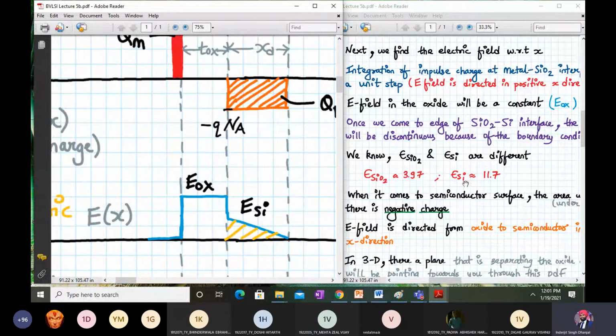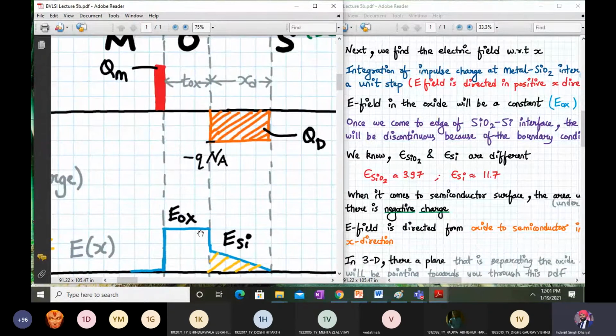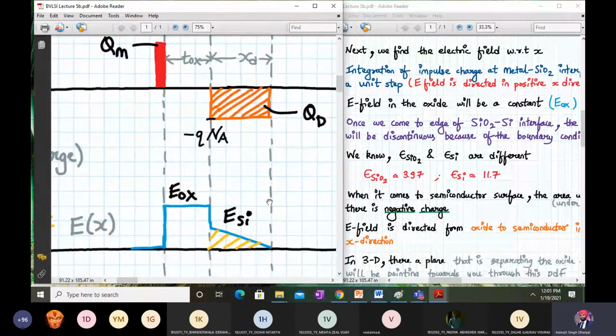Now, when it comes to the semiconductor surface, we have this negative charge. The moment we cross this Si-SiO2 interface, the area under the electric field curve will have to decrease, because integration is nothing but finding the area under the curve, and a negative charge reduces the area.